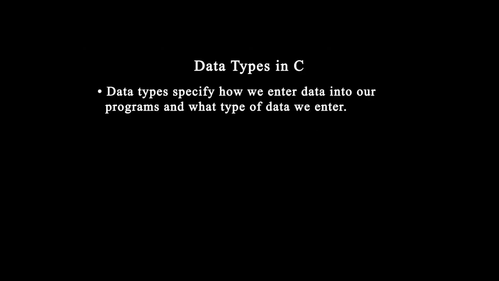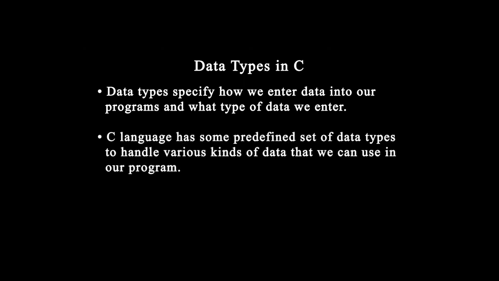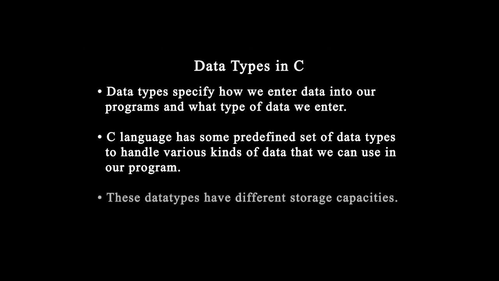Now, our next topic is data types in C. A data type specifies how we enter the data into a program and what type of data we enter. C language has a predefined set of data types to handle various kinds of data that we can use in our program. These data types have different storage capacities.